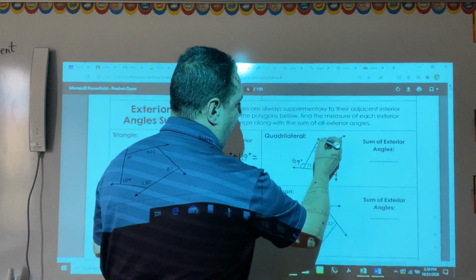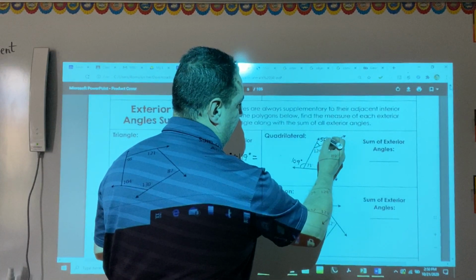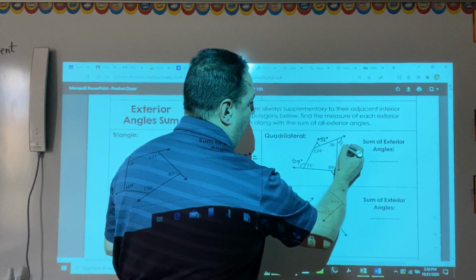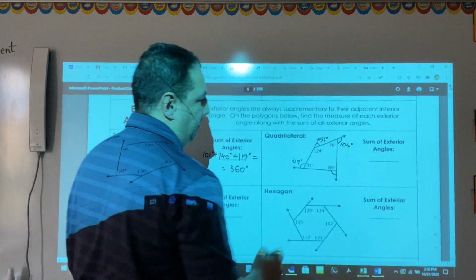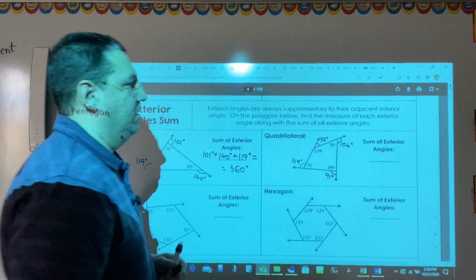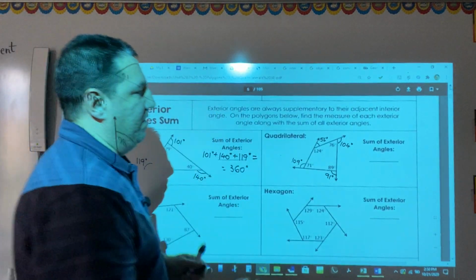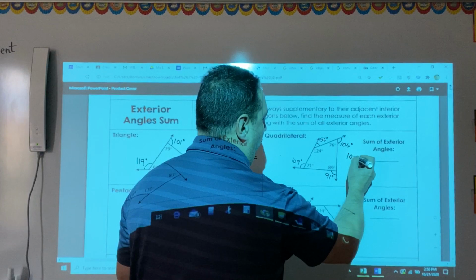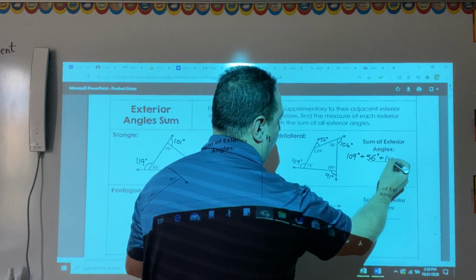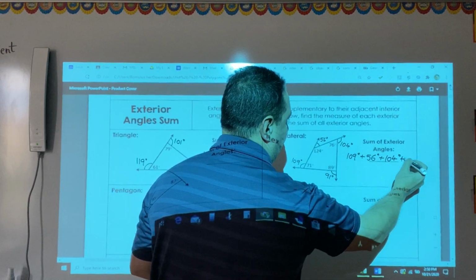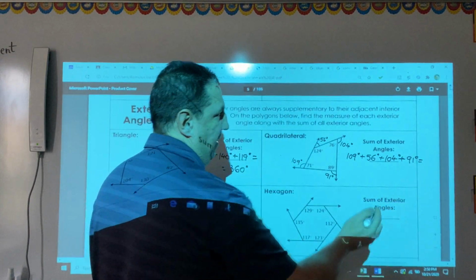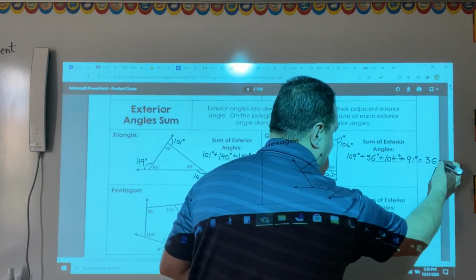This one would be 56 degrees. This one would be 104 degrees. And this one is 91 degrees. If you add them all, 109 plus 56 plus 104 plus 91, again, guess, would be 360 degrees.